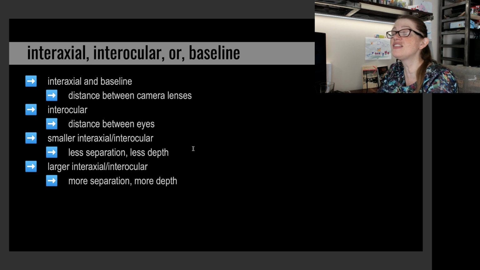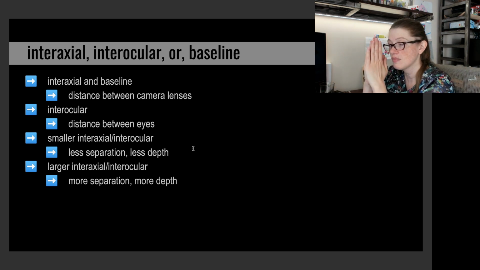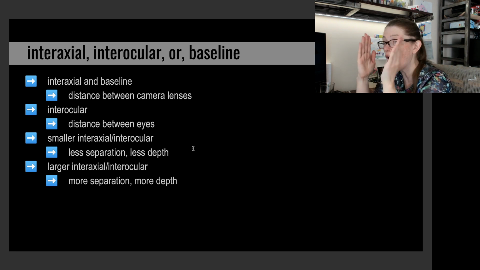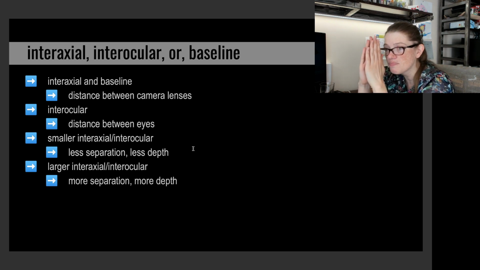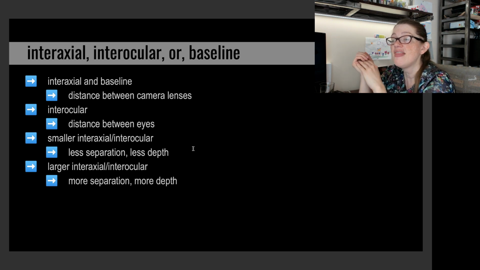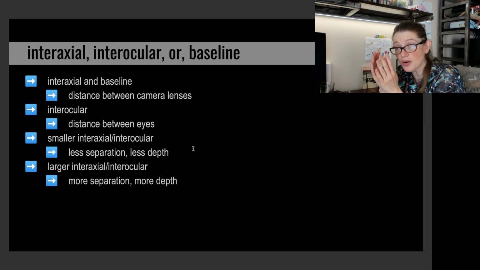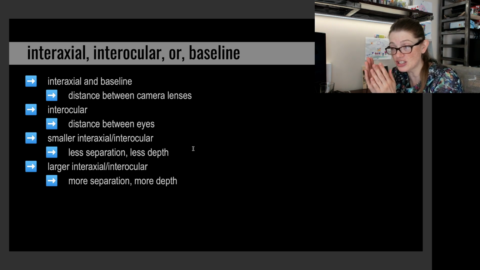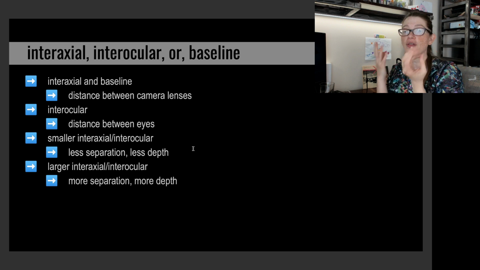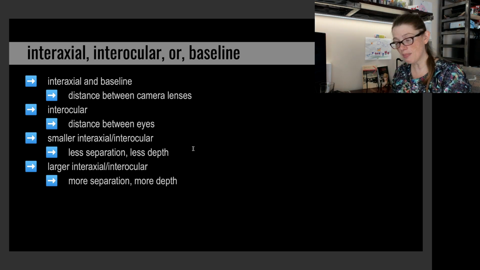Now, how does the distance between the two cameras or your two eyes impact how much depth you are perceiving? If the interaxial is small, that is your eyes are really close together, or the two cameras are really close together, then you're going to have less separation because the cameras are closer together, and therefore with less separation, less depth.